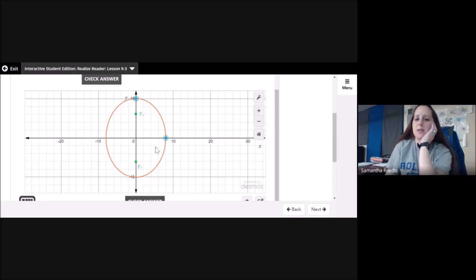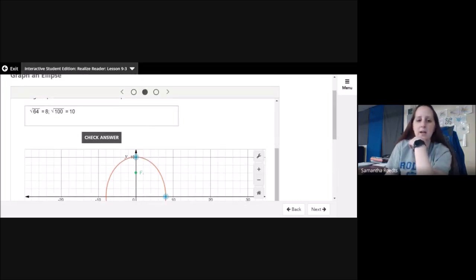So here's my ellipse. And then my foci. So 10 is a, b is 8.